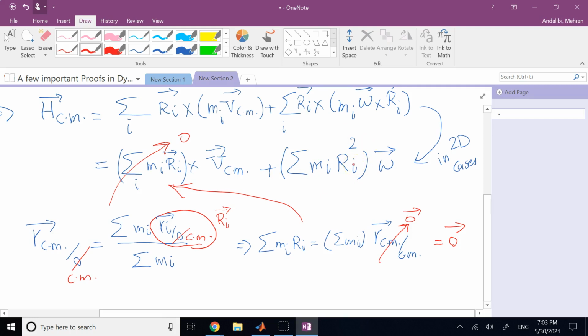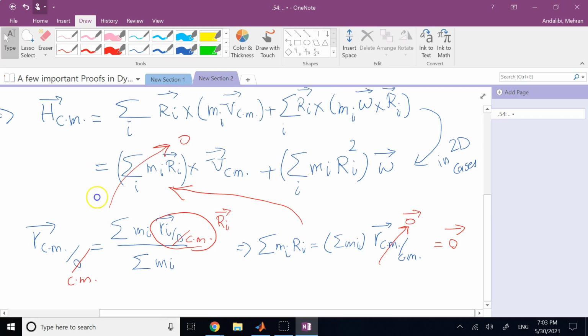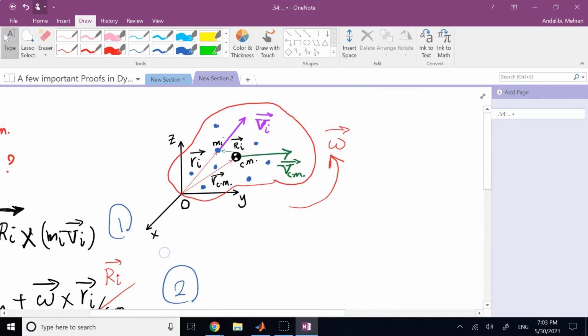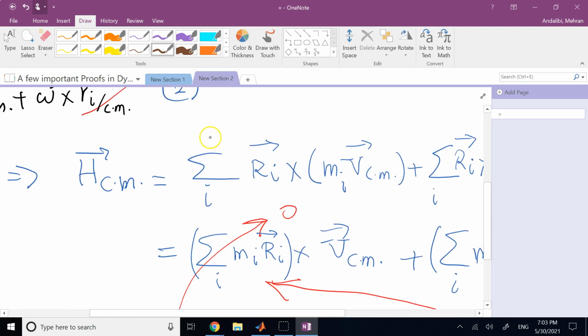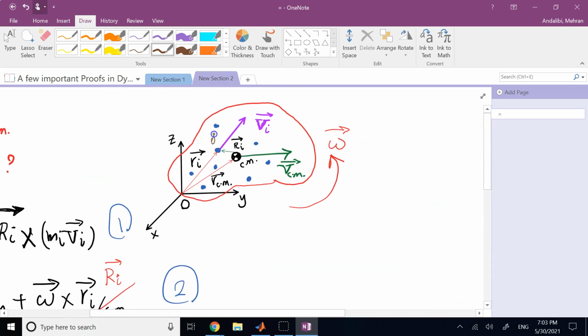Now, as I said, when it's a rigid body, really what we have is an infinite number of particles where the masses of the particles are dm, an infinitesimal mass, and you have infinitely many of them. So what you really have in a rigid body, instead of this mi, you have what? You have dm, and how many of these dm's do I have? Infinitely many.